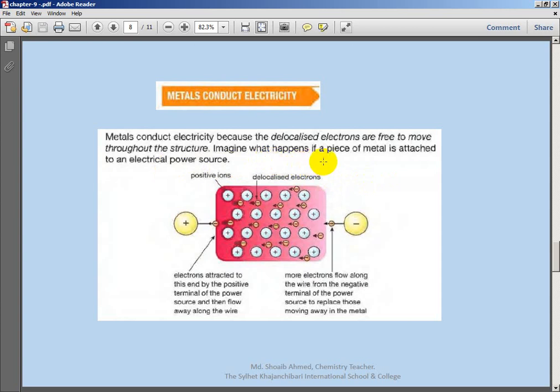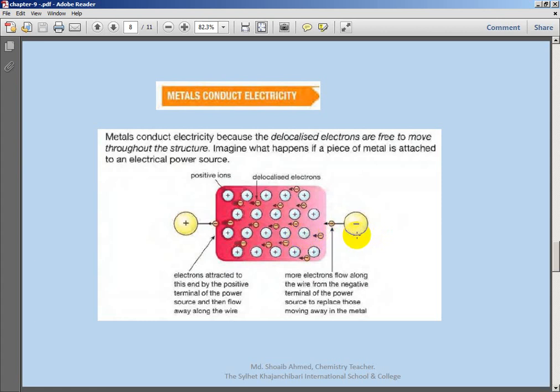Imagine what happens if a piece of metal is attached to an electrical power source. So what happened here? Electrons are moving.